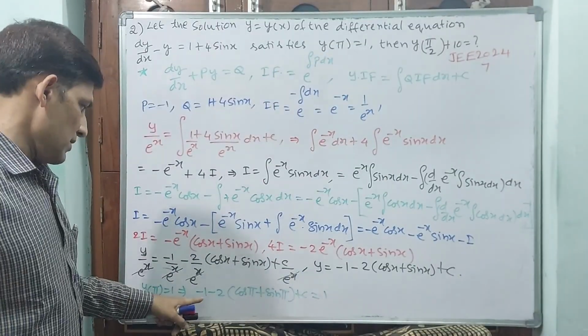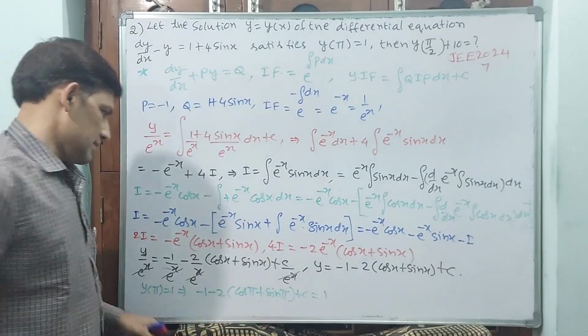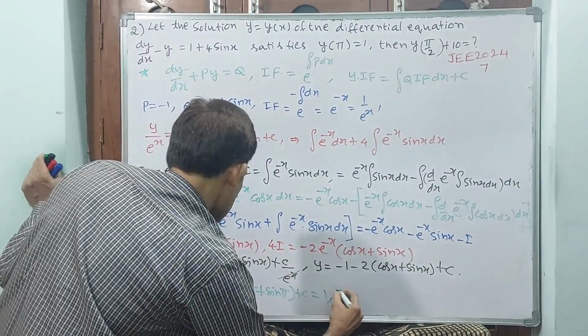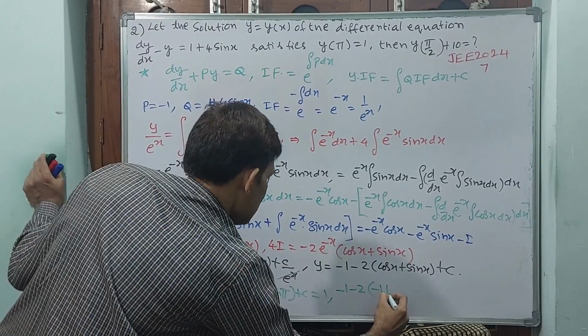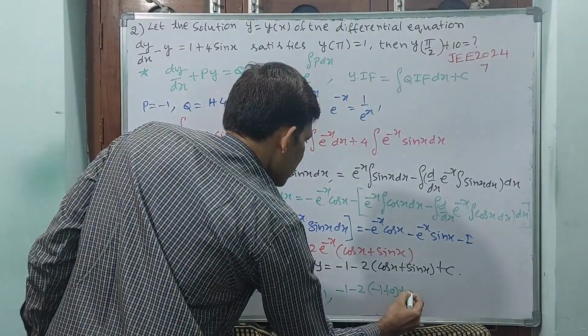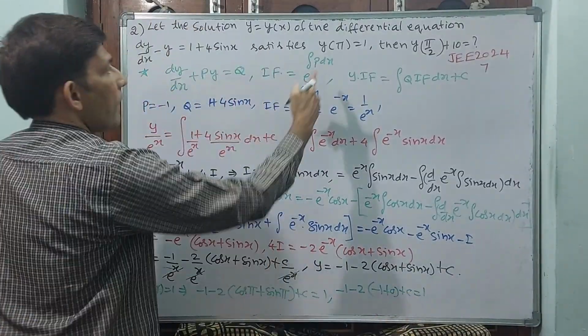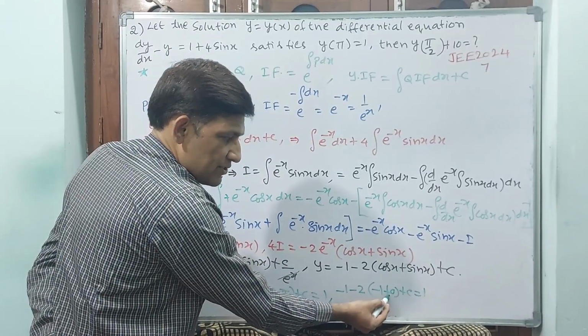Okay, see minus 1, but what is cos pi? Minus 1. Minus 1 minus 2 times of minus 1 plus c; sin 0, sin pi both are 0, plus c, that is equal to 1. See what will happen here? Minus 1 plus 0 is minus 1.